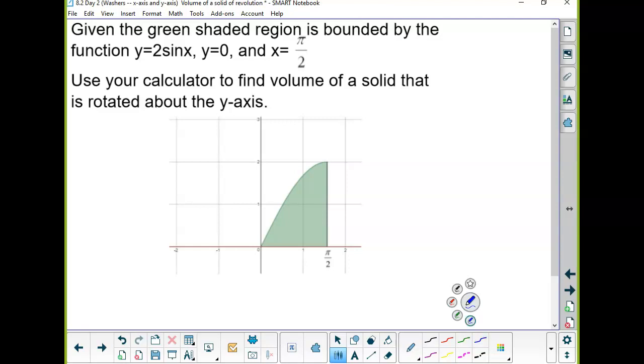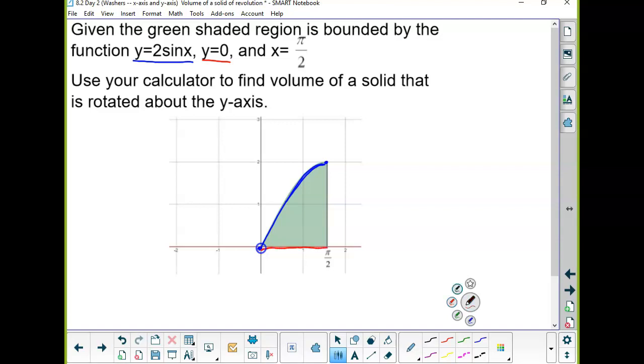Well, we know sine starts at 0, 0. And we know it usually goes up to 1 for a maximum, but that 2 doubles it. So that's why we're going up to the spot of 2. And then we're stopping at y equals 0. And y equals 0 is just the x-axis.